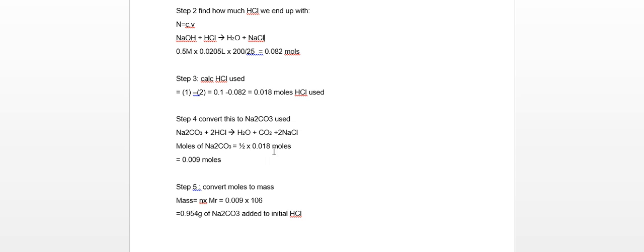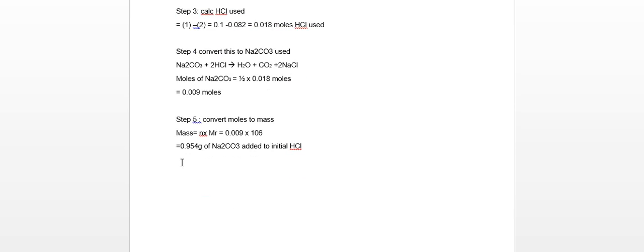Let's do a sanity check on that. We would expect to have less sodium carbonate than HCl, and sure, half is less of what we're given. In fact, it comes out to 0.009 moles.